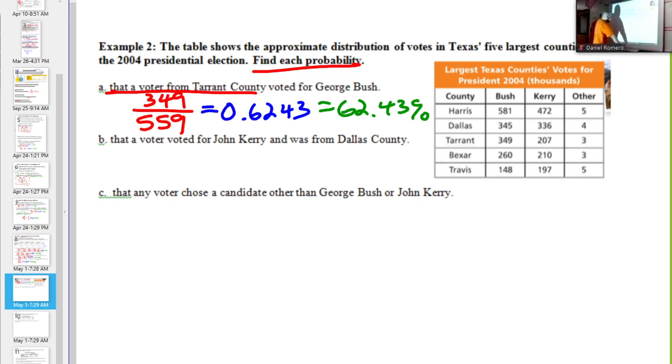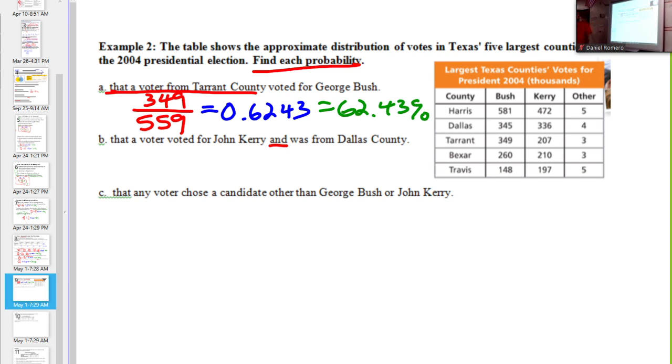What is the probability that a voter voted for John Kerry and was from Dallas County? In this case, we're actually not accepting anything, because it just says that a voter voted. It doesn't say where they have to be from. So this is just a voter who voted for both of them.